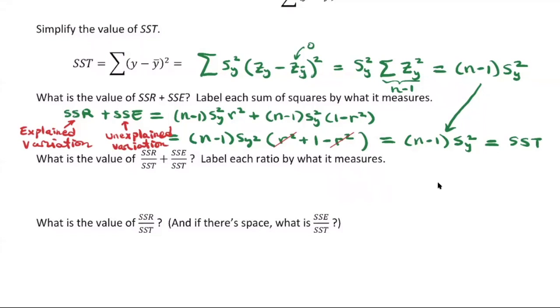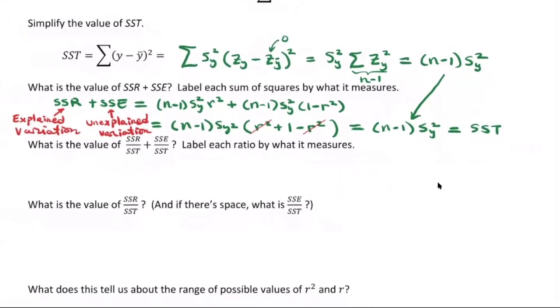And it's fortunate that when you add those up, you get the expression we got for total variation. So those really are two components of variation.